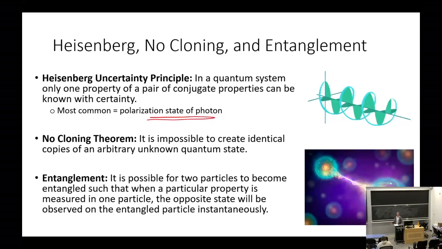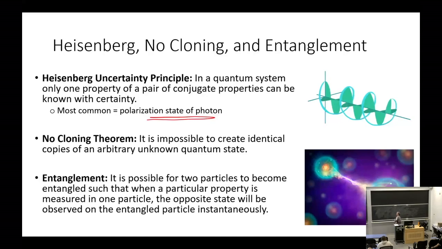This would allow you to simultaneously know with certainty both conjugate properties of the original qubit that you sent out, and that would be a violation of the Heisenberg uncertainty principle. So the no cloning theorem keeps us in check.